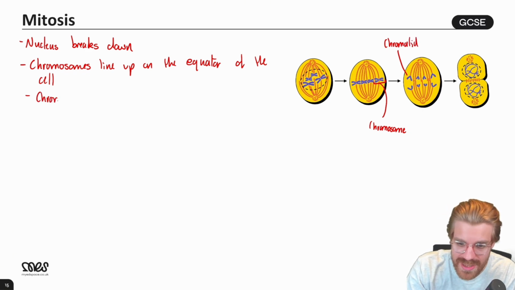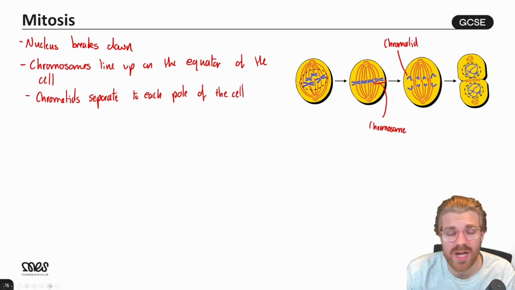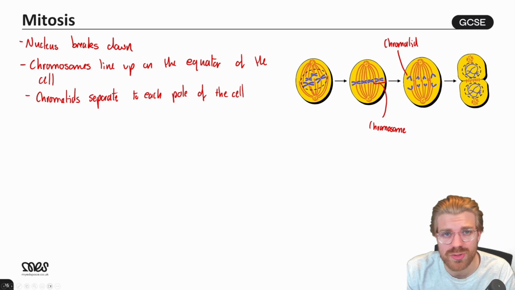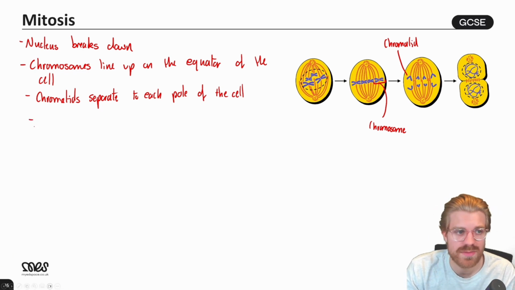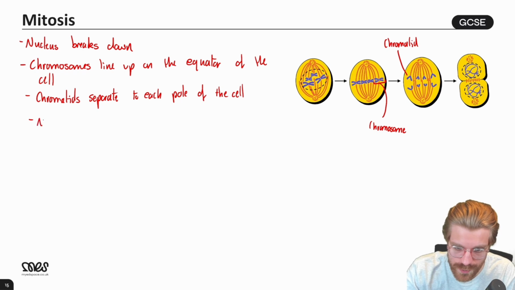So the chromatids separate to each pole of the cell. These chromatids are identical to each other. They have been produced by the DNA replicating. Once the chromatids move to each pole of the cell, then the nucleus reforms around the DNA.